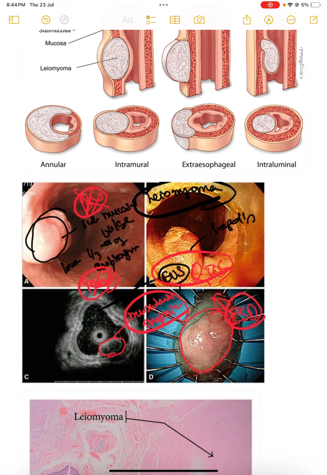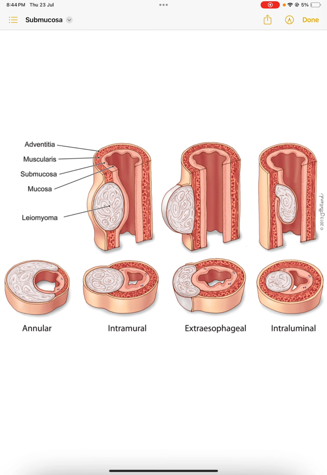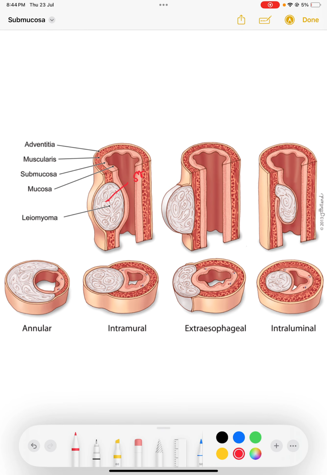Fine. So let us look at some types of the leiomyoma. As the pictures here clearly show, it arises from the smooth muscle of the esophagus. It could be either intramural, which is the most common presentation.